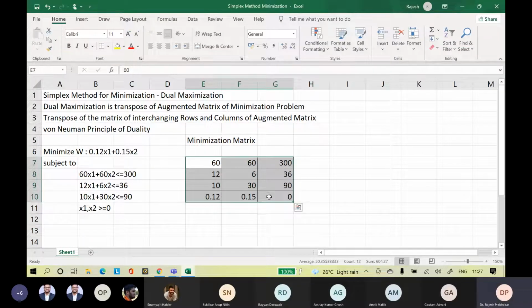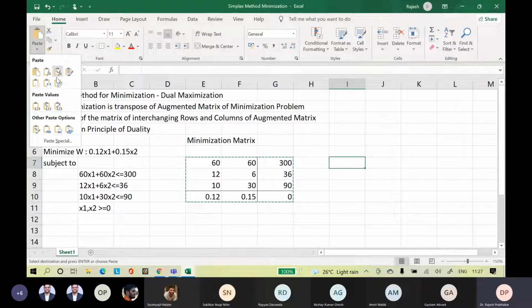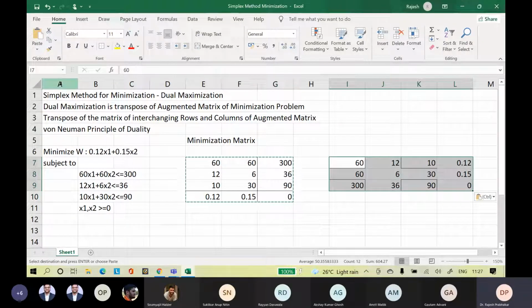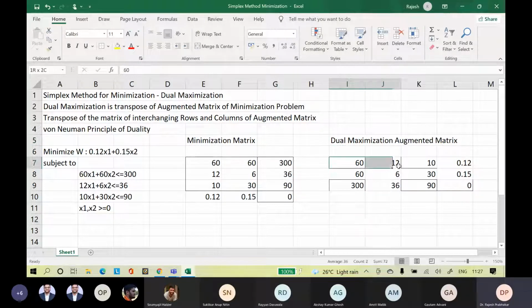Now this matrix, Control C, I'll copy it and I'll select this cell, go to paste special and transpose. So when I transpose, this is called the dual maximization augmented matrix.